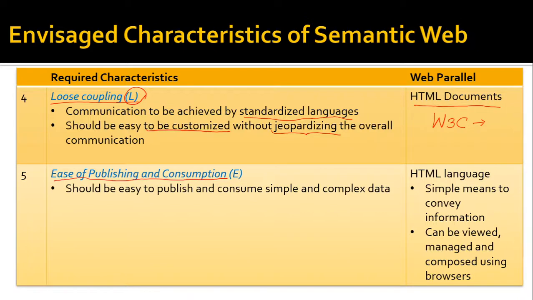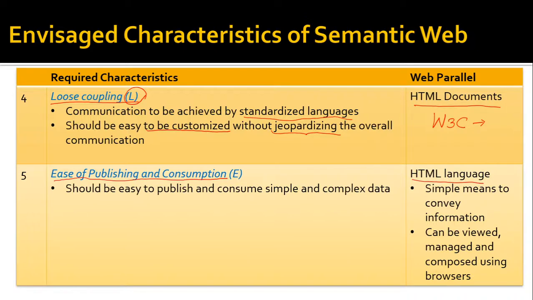So it should be easy to publish and consume both simple and complex data, right? And the web parallel of this is basically the HTML language. You can write very simple constructs, and if you write something in this HTML language, it can be viewed, managed, and composed using software like browsers, right?